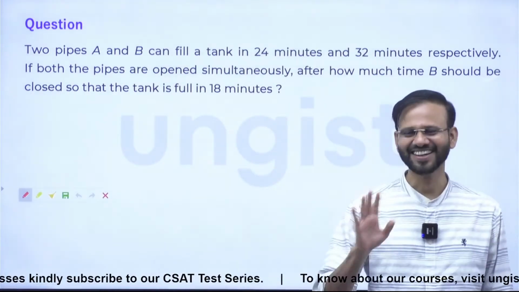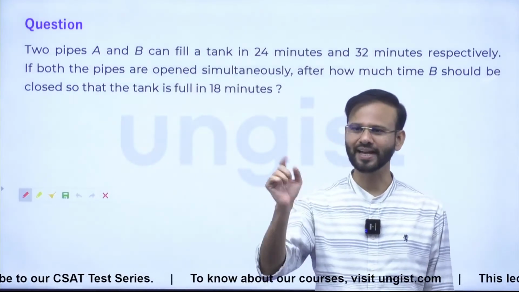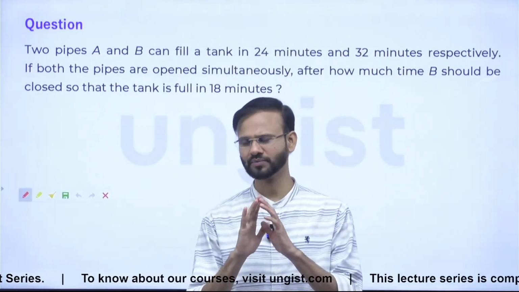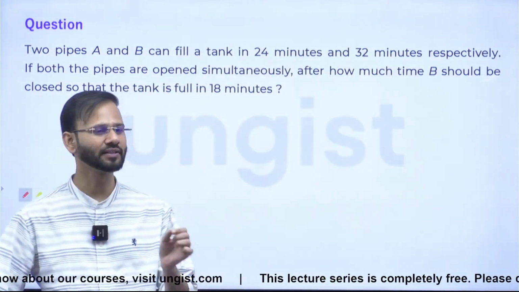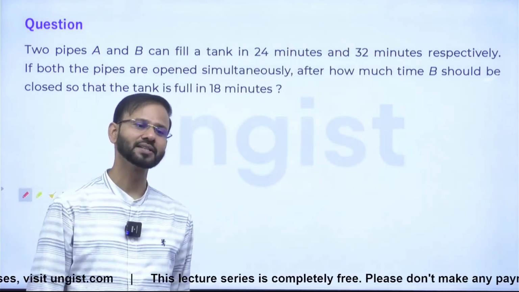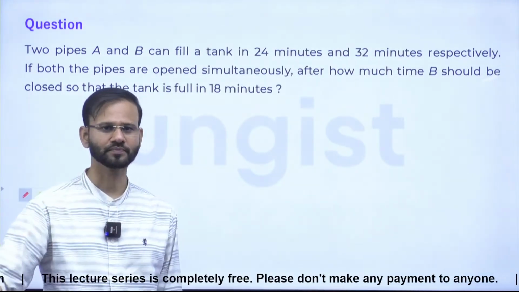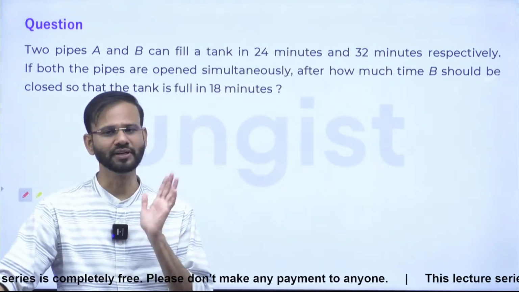All right, guys, the story is there are two taps attached to a tank. The first tap fills the tank in 24 minutes, and the second one fills it in 32 minutes. Both are opened simultaneously, and after some time B was closed, and in 18 minutes the tank got filled.